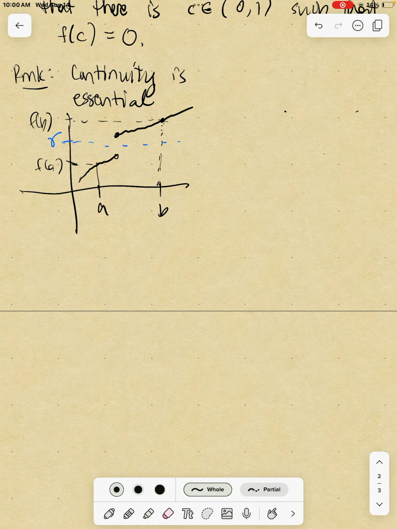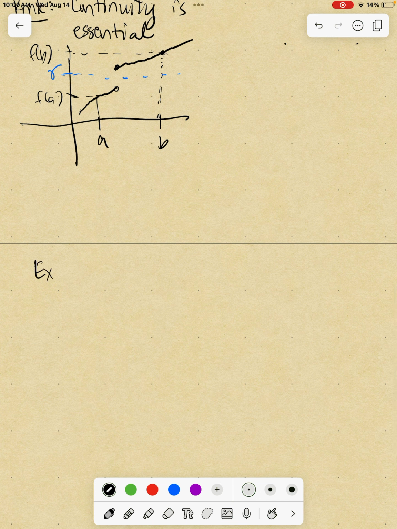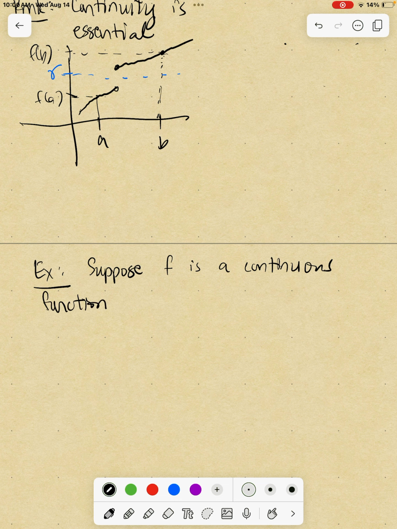All right, let's look at a few more applications of this intermediate value theorem. So one interesting consequence is, suppose that f is a continuous function from the closed interval from 0 to 1 to the closed interval from 0 to 1.